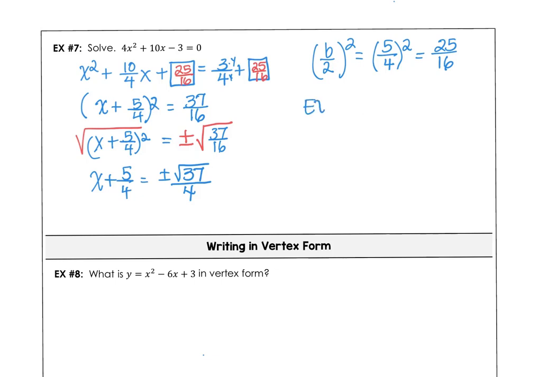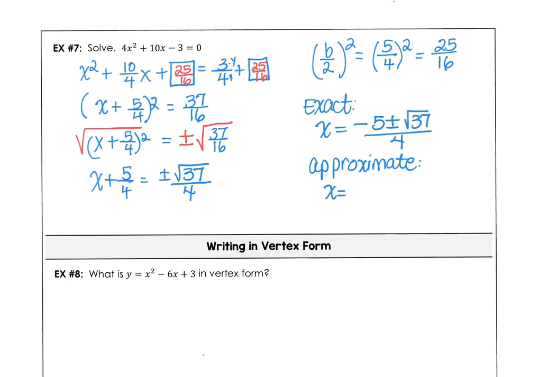So our exact solutions, if we subtract 5/4, we have negative 5 plus or minus the square root of 37 over 4. And going to our calculator, separating the terms, negative 5 plus the square root of 37 divided by 4 is about 0.27.